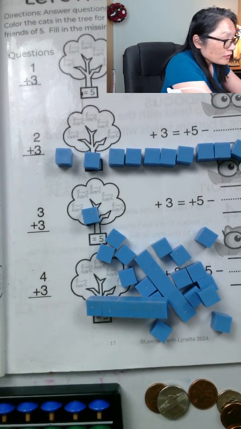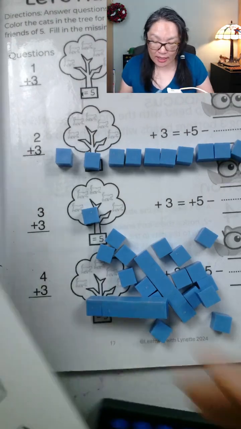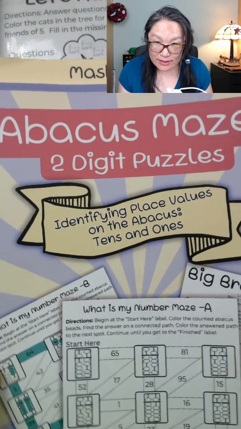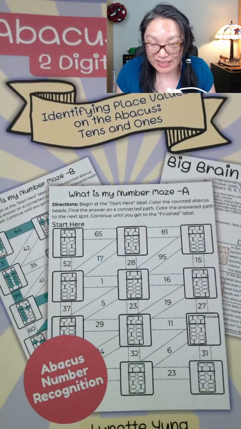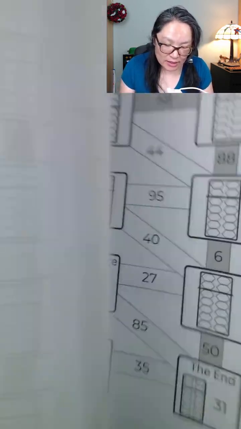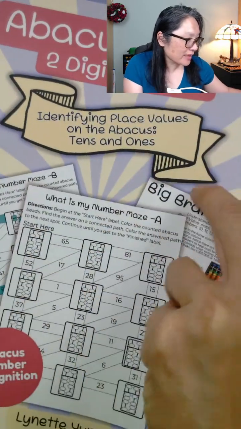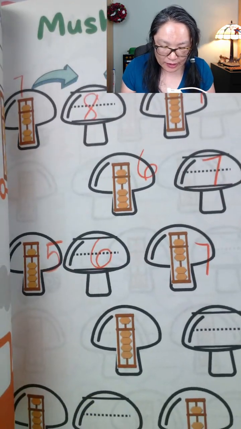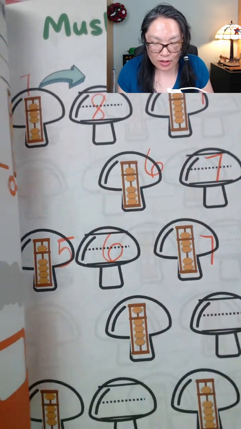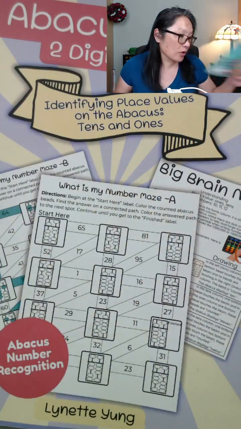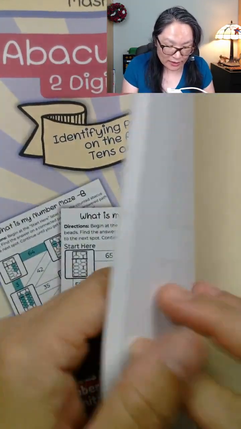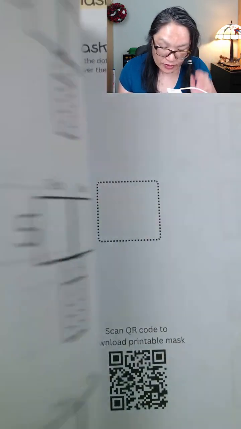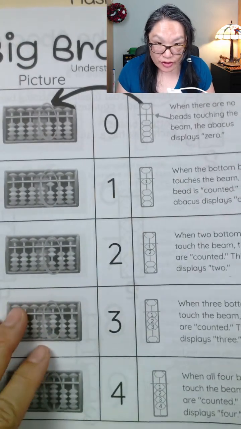I would recommend him going into learning how to read the abacus. That's what I would do because he's 10. And this is a little bit more fun than coloring because the preschool one was meant for young kids to understand how to read and what the relationships are. So for the 10-year-old, I would probably go straight into here where you take the maze and you understand how to read the numbers, and there's instructions as well.